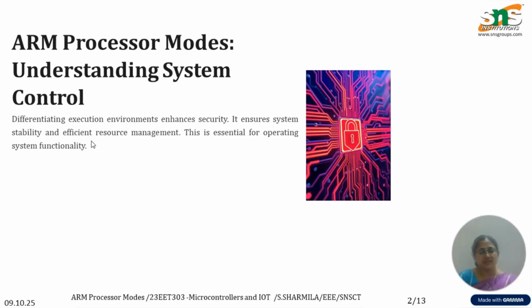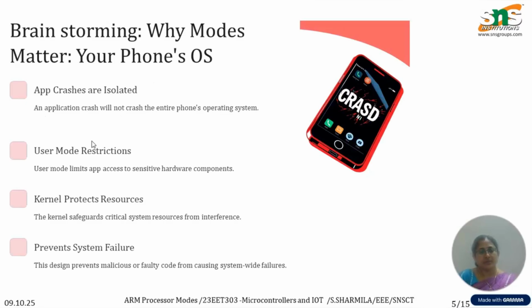And now let's move on to why modes matter and your phone's OS. Let's make this real with a familiar example: your smartphone. Have you ever noticed that when a game or app crashes, your entire phone doesn't freeze?